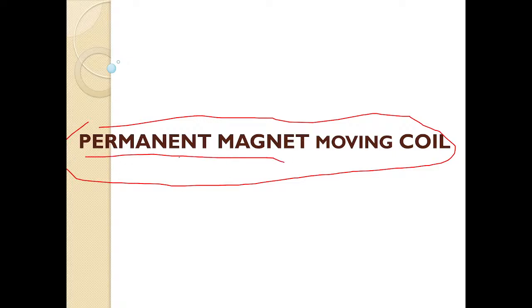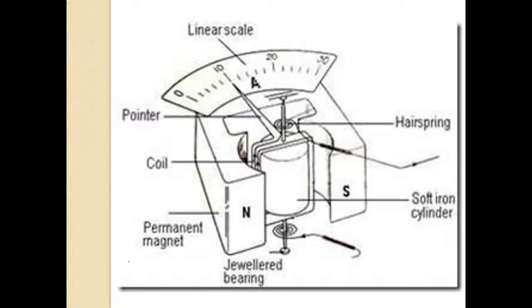Because there is a permanent magnet inside this instrument, and the coil inside the permanent magnet will be moving. That's why it is named the permanent magnet moving coil instrument, which is used to measure the voltage or current.